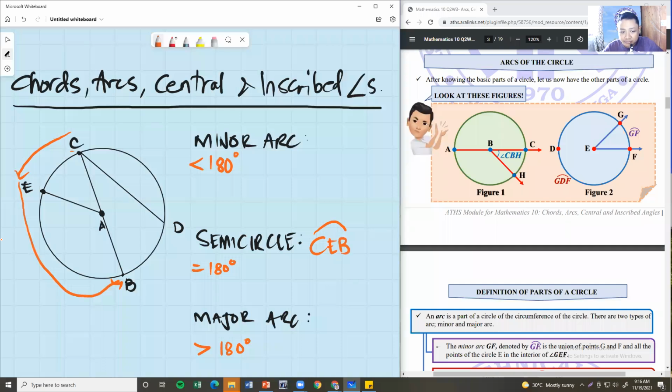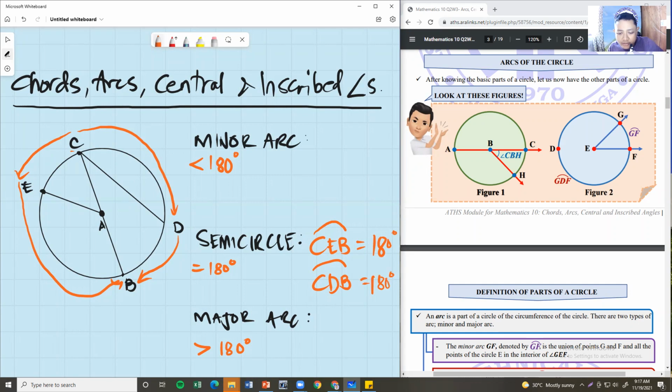Can you imagine? And another semicircle is arc from here. Whichever direction you want, clockwise or counterclockwise, from C going to D, and from D going to B. So another arc is arc CDB. Can you imagine? And both of them are equal to 180 degrees.